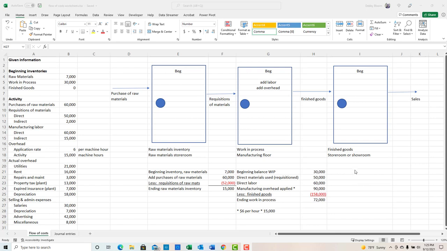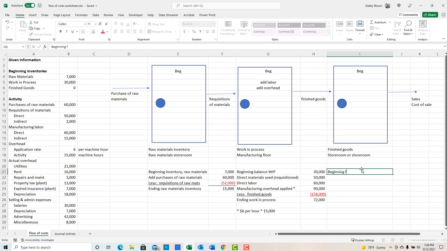Now we work on our final schedule, which is going to calculate our ending finished goods. So we can see over here that we start off with beginning finished goods, and 2 things are going to happen. First, our finished goods are going to be transferred in, and then when units are sold, the cost of the sale is going to be transferred out. So we have our beginning finished goods, which was given in the problem as 0.